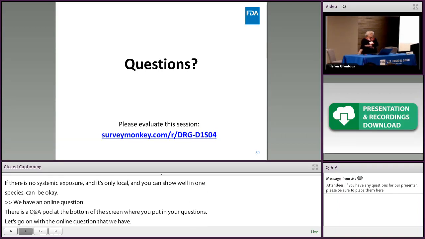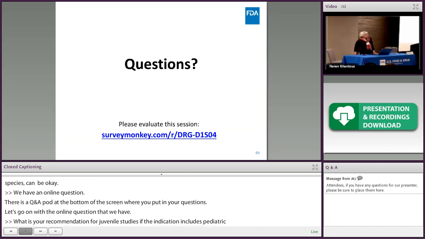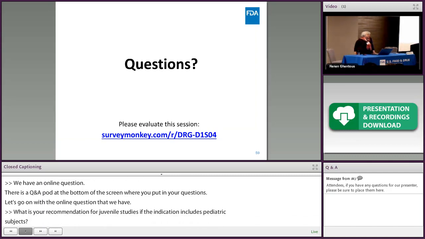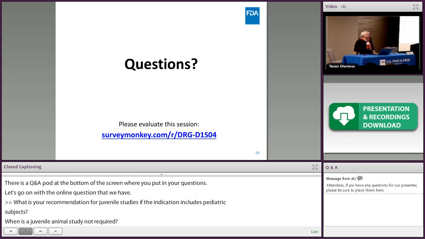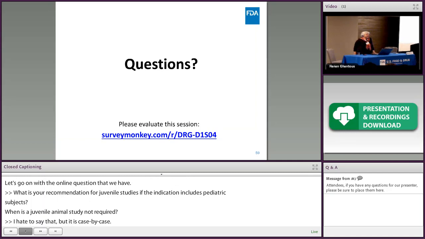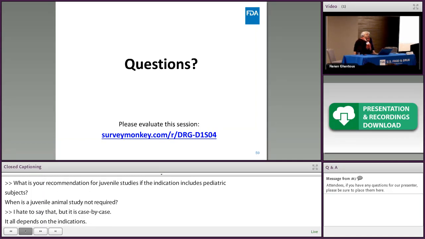What is your recommendation for juvenile studies if the indication includes pediatric subjects? When is a juvenile animal study not required? I hate to say it, but it's case by case, and it all depends on the indication. We also have a guidance for pediatric studies.